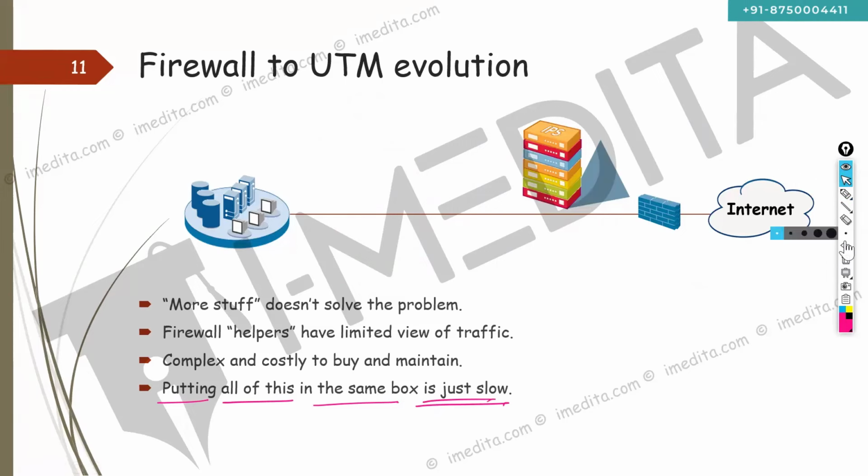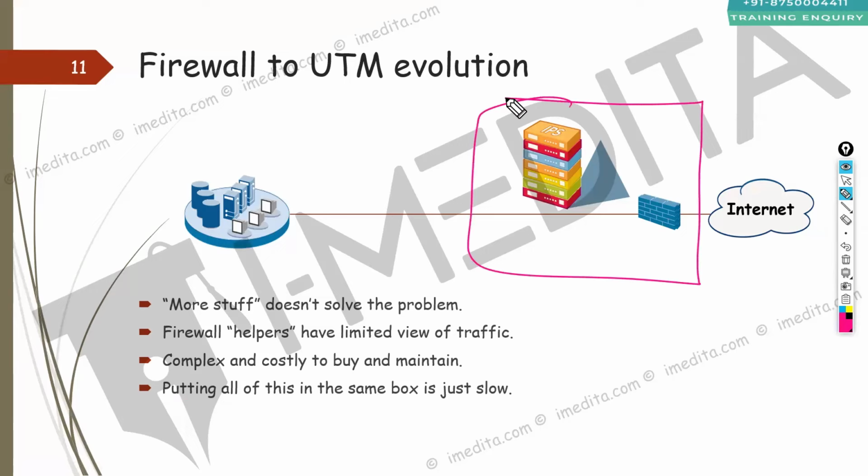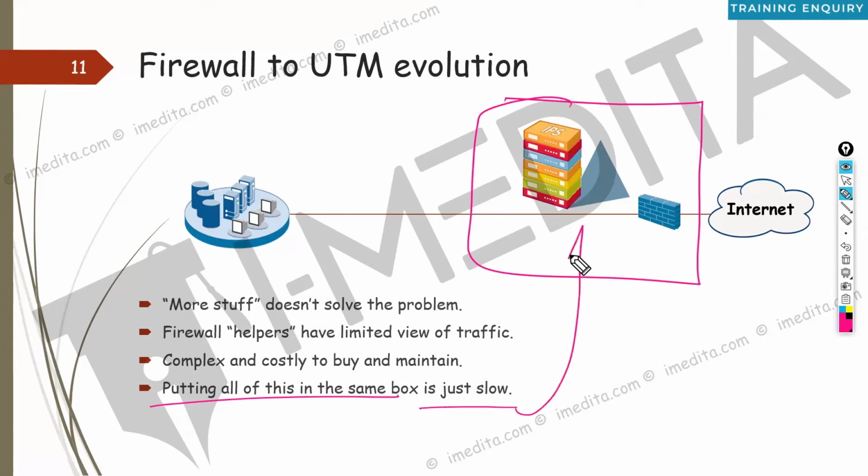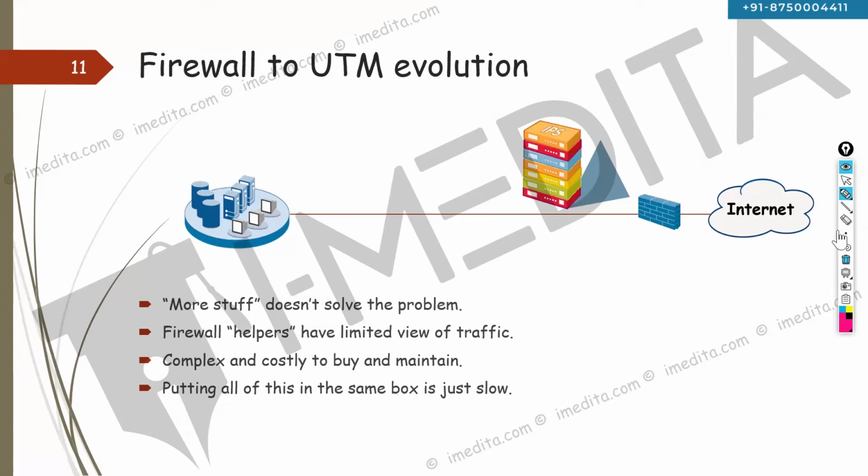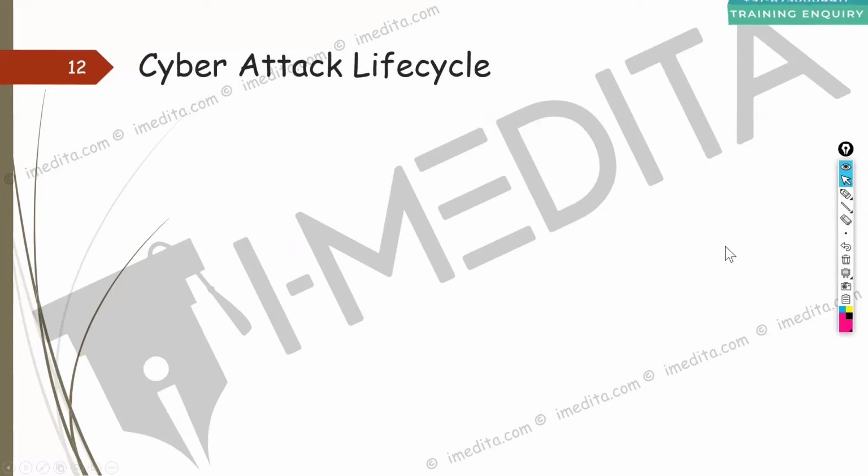But here it is not about the benefits or features of UTM. Palo Alto is trying to say that when we have multiple device functionalities in the same box, then that device will also go slow. This is the meaning of these slides, as well as the meaning of Palo Alto here.